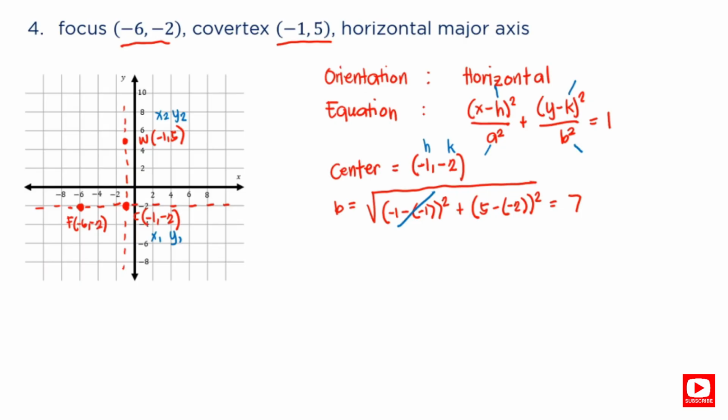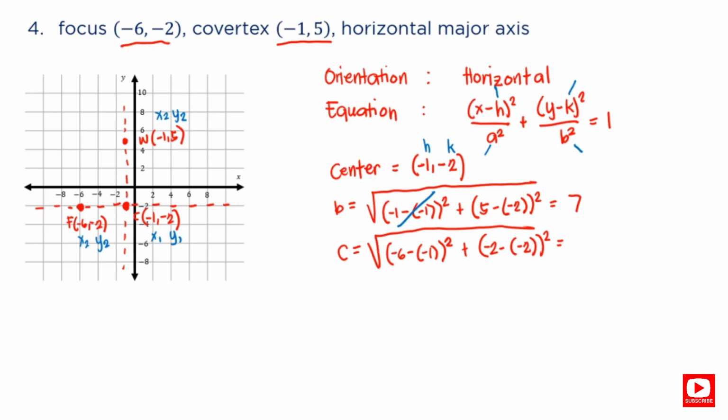Now, for the value of c, since we have a focus here, we can just solve for the value of c by the distance formula again. So suppose this is our x sub 2, y sub 2, and still x sub 1, y sub 1 is the center. So c is just equal to the square root of x sub 2, which is -6, minus x sub 1, which is -1, quantity raised to 2, plus y sub 2, which is -2, minus y sub 1, which is also -2, quantity raised to 2.